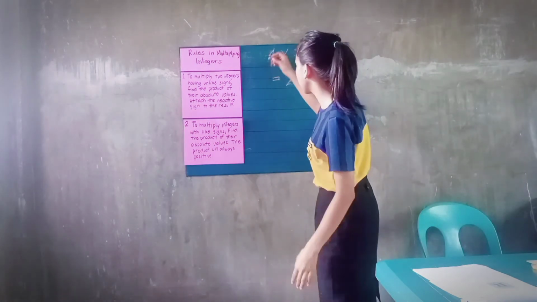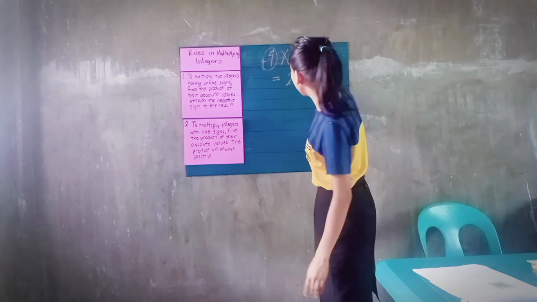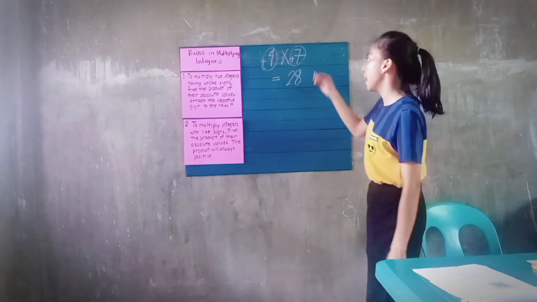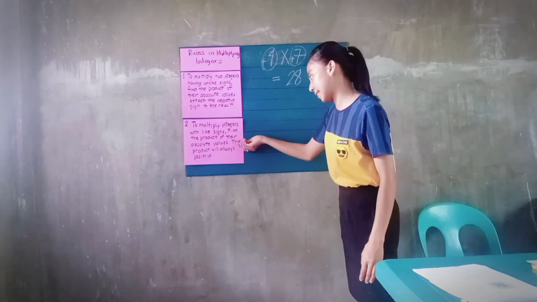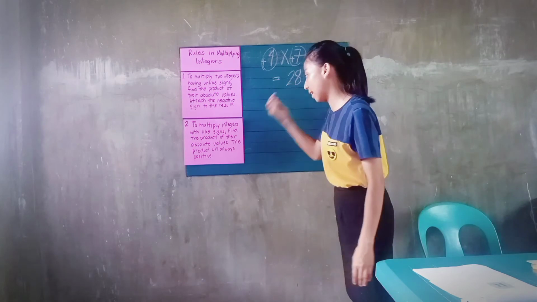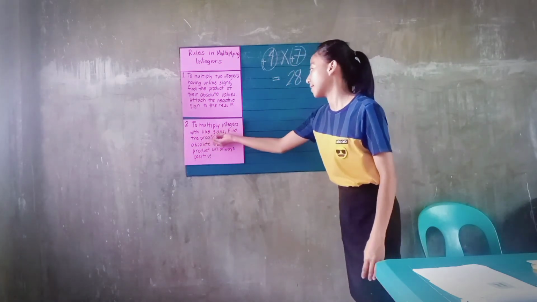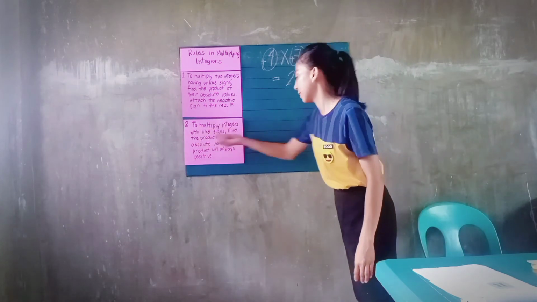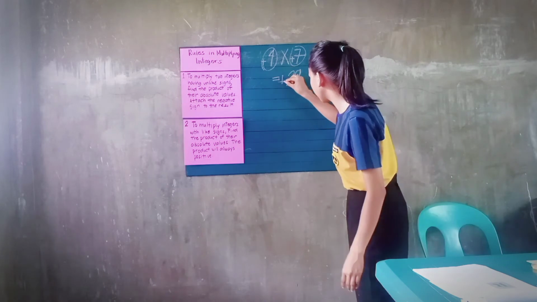Because the sign of this and this one is positive sign. Okay? Then, sabi dito, i-assume natin yung magiging product will always be positive dahil parehas like sign. Positive. The answer will be positive 28.